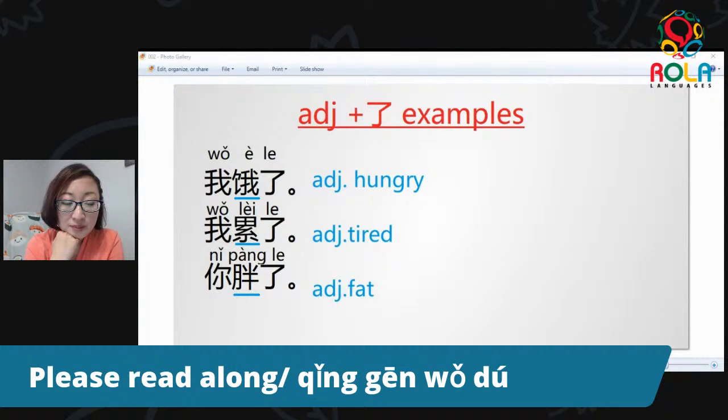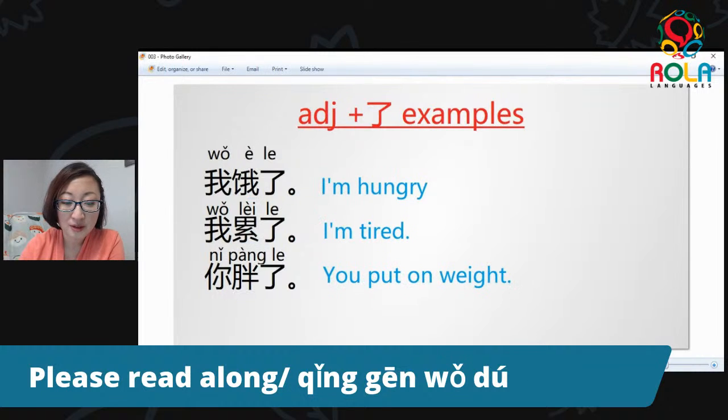Last but not least, 你胖了，你胖了。胖 is an adjective as well. It means fat, chubby. Okay, I feel like chubby is a cuter word for fat.